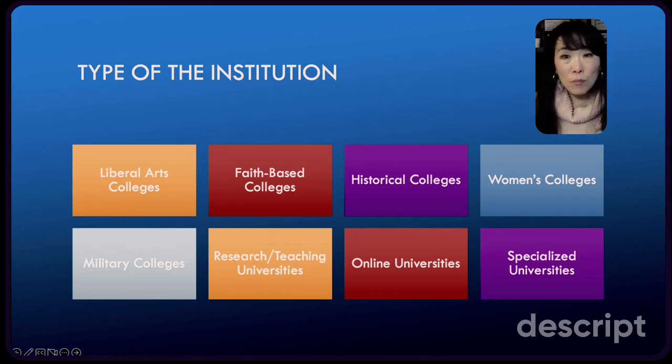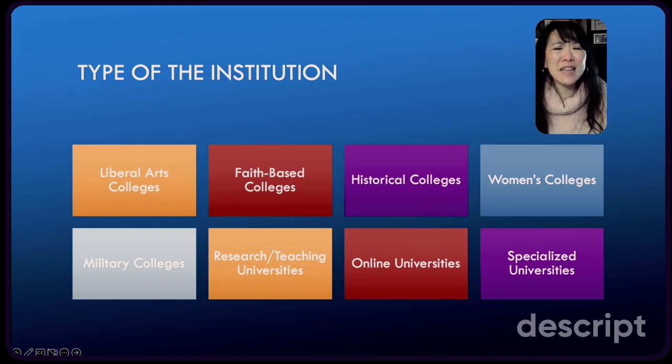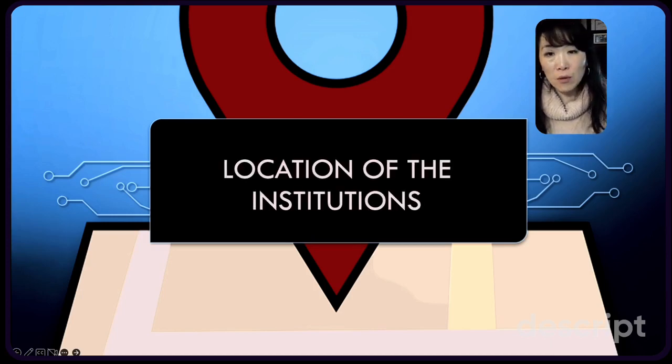There's also for-profit and nonprofit universities. So there are a lot of different types of university that are going to dictate the types of funding that you're going to receive. We also talked about location.